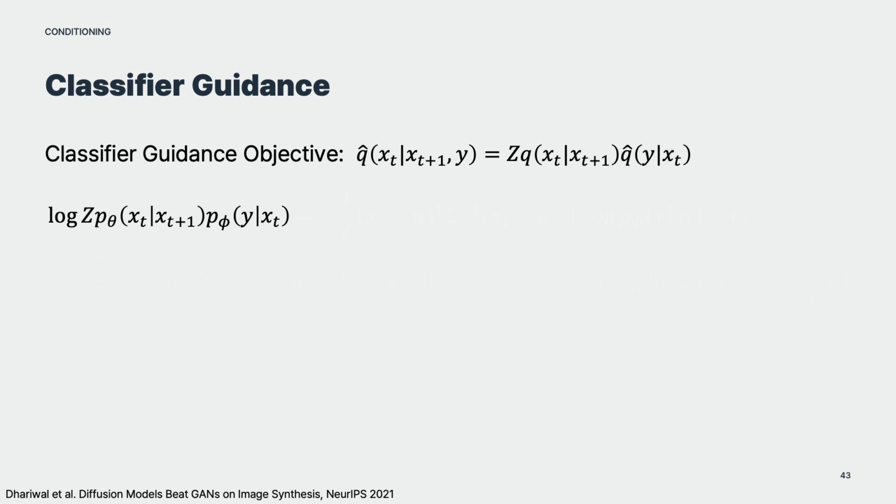Now let's further expand the classifier guidance objective, starting from the expression we have derived so far. Let's now apply the properties of logarithms and replace z with a constant c1, leading to the following equation.